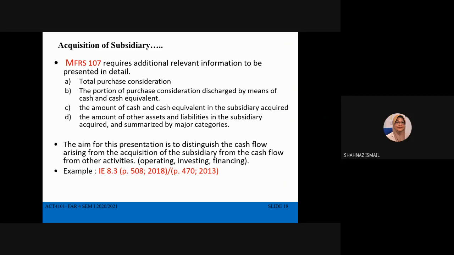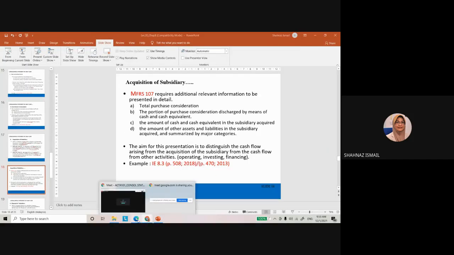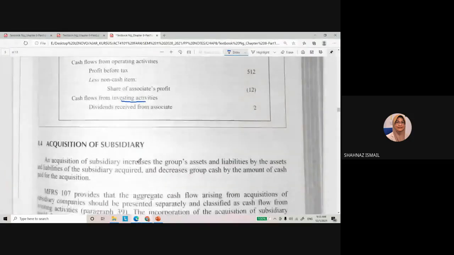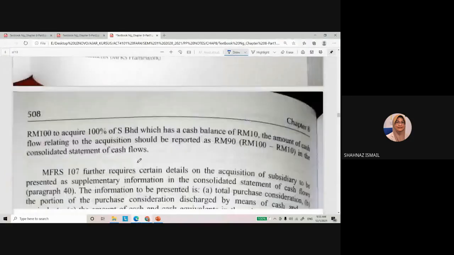Okay, so example dia kita lihat example 8.3. Okay, acquisition of subsidiary.